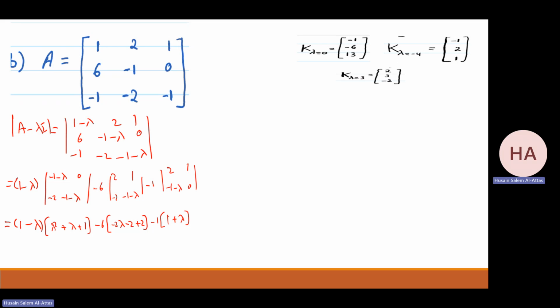Okay. Open the brackets. I don't have a common factor here. I can take, this is cancelled. So that gives me minus lambda cubed. I have minus lambda square plus lambda square gone. I have minus lambda plus lambda gone. And I have plus 1.